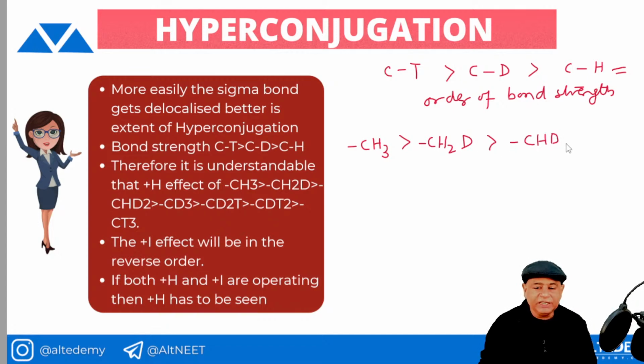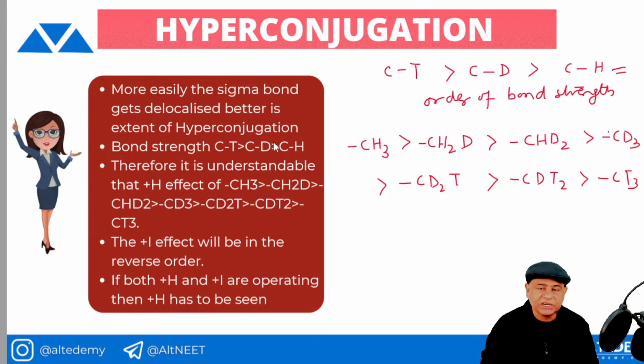As the weight is increasing, you can easily find out the extent of delocalization is getting reduced. Tritium is heavier than deuterium. Deuterium is heavier than hydrogen. So CH bond will be the lightest kind of thing. So easy delocalization. CD2T greater than CD2 greater than CT3. At times it is asked. More easily the sigma bond gets delocalized, better is the extent of hyperconjugation.